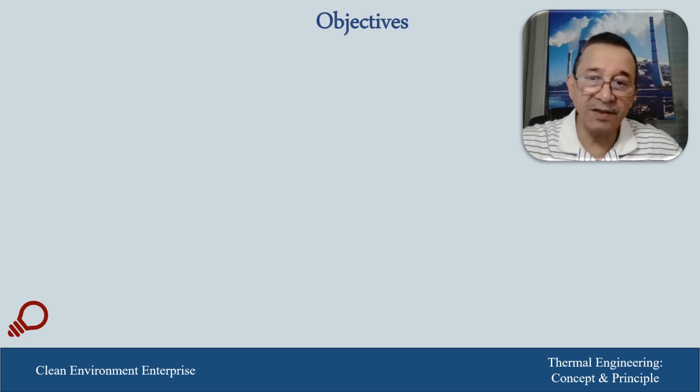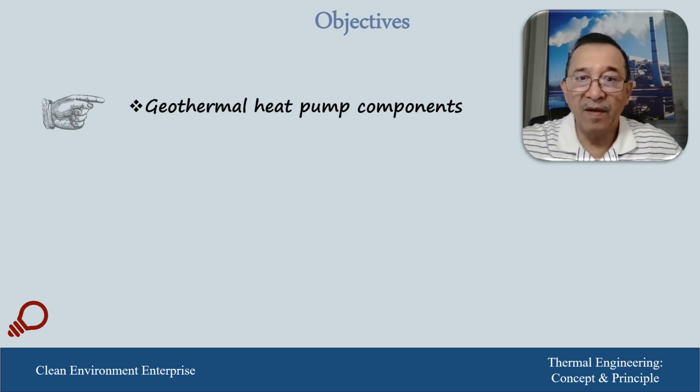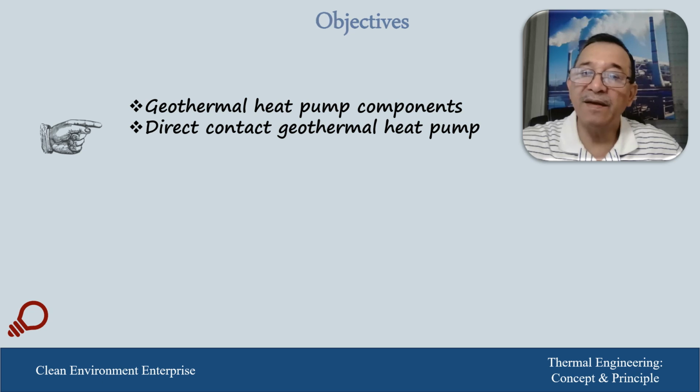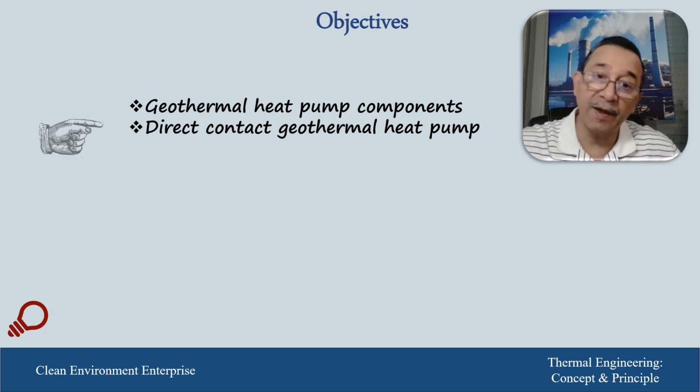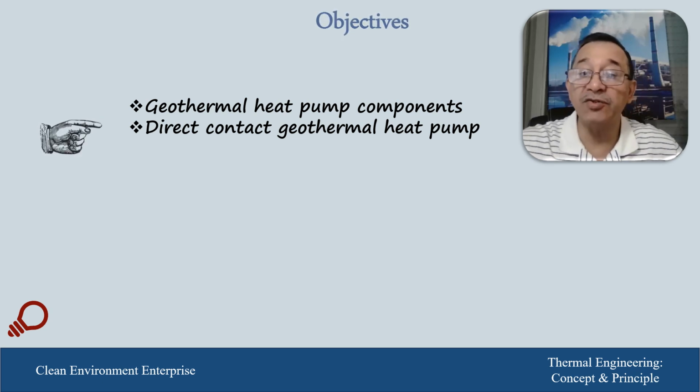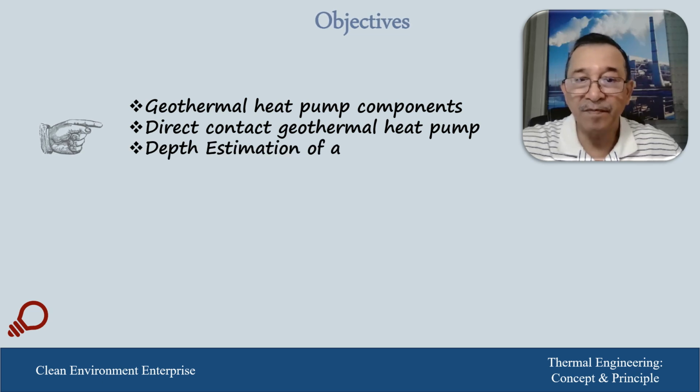The objectives of the present episode cover the geothermal heat pump components. The main components, of course, I will pass through. And then we have the direct contact geothermal heat pump, which refers to the contact between the heat exchanger, which handles the circulated fluid in the heat pump, and the ground.